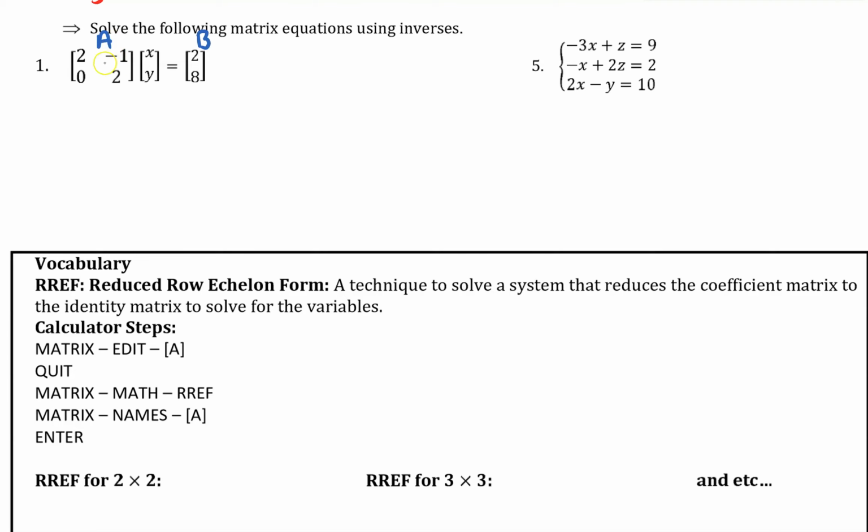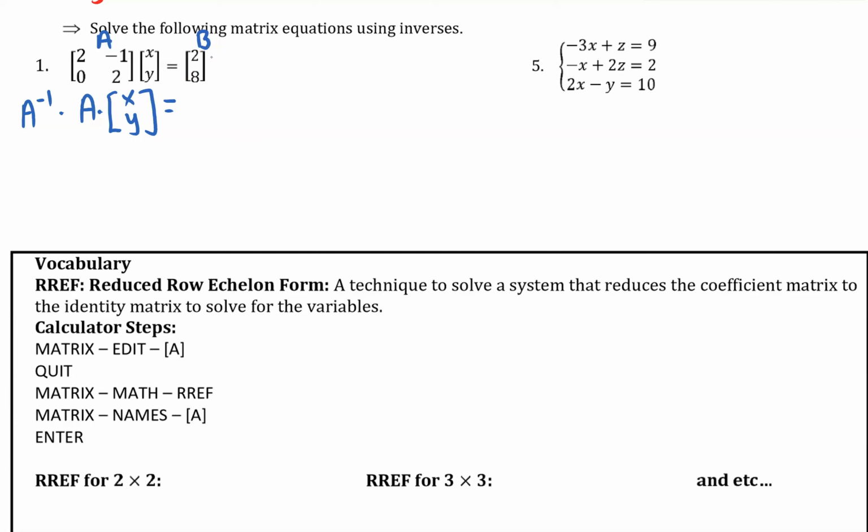But we could use the inverse. If I multiply the inverse times this thing, and then we have x, y, our variable, then if I multiply this side by the inverse of A, I also want to multiply the other side by the inverse of A.